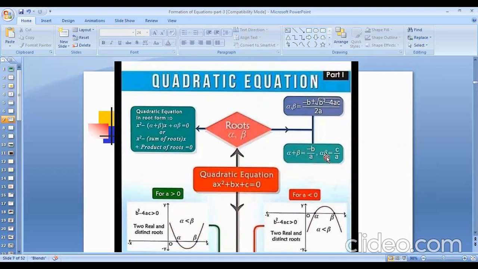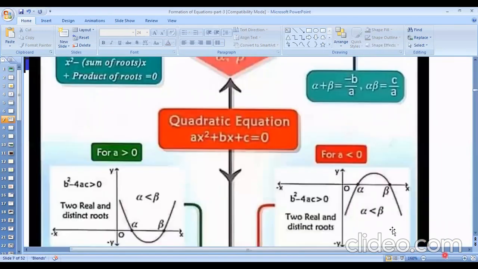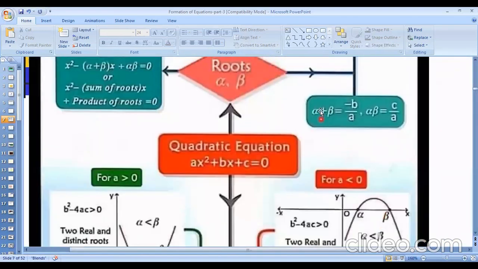And alpha into beta will be c by a. Sum of the roots is minus b by a, and the product of the roots is c by a. Remember it. You have to note it down and write it in your copy. C is the constant term, a is the coefficient of x square, and b is the coefficient of x.